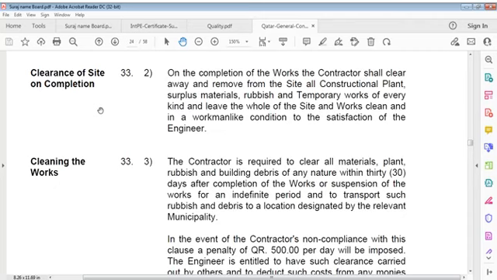Clearance of site, so we have done it. On completion of works, the contractor shall clear away and remove from site all construction plants, surplus materials, rubbish and temporary works of every kind and leave the whole of the site and works clean and in a workmanlike condition.